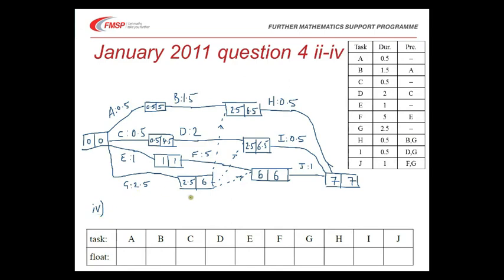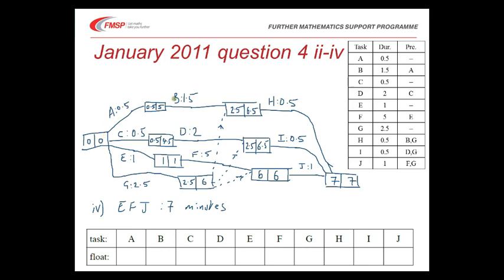So the critical activities here, we can see that this path here has early and late times the same, and this is giving us our path through E, F, J. And the total time is 7 minutes. We're also asked to identify float. In other words, can any of these run late?